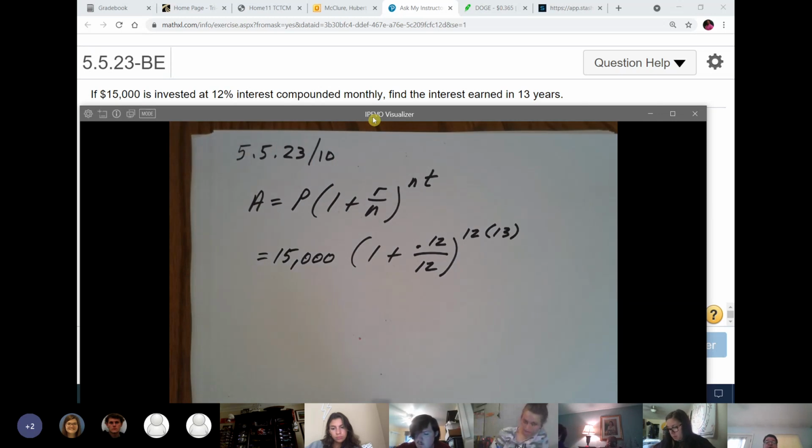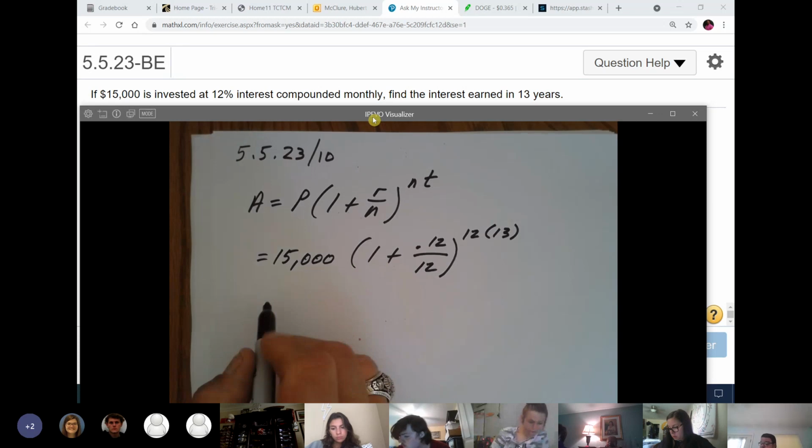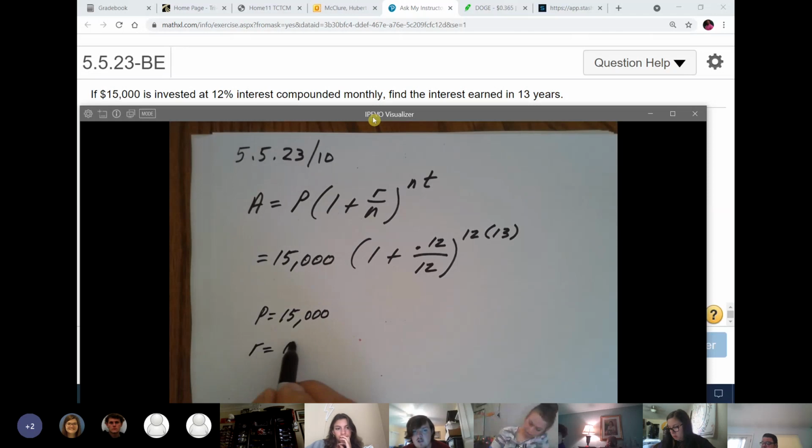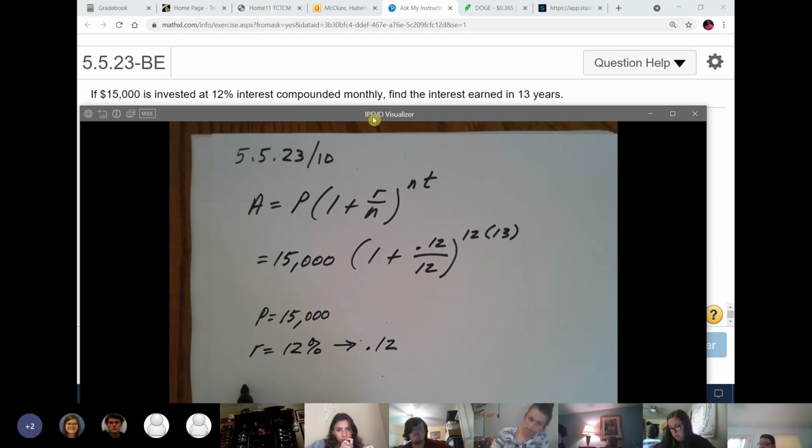Okay, I'm going to write some stuff down for anybody that needs it. P is equal to 15,000. R is equal to 12%, but I told you they'll give you 12%. You have to turn it into what? A decimal. And then monthly payments.